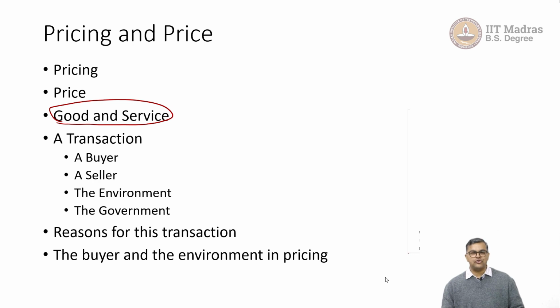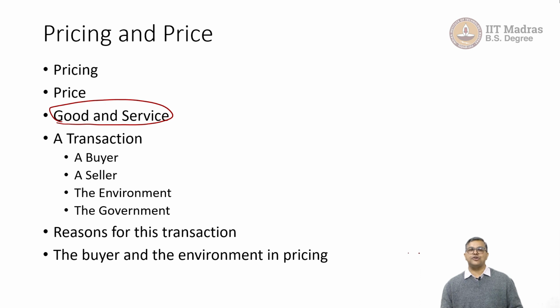I am using this word government to indicate all the governmental apparatus, police, law. If you are not happy with the way the other side has treated you in a transaction, you can go to the police, you can go to court. So, that is always available in the background, and that is ensuring that transactions happen smoothly.